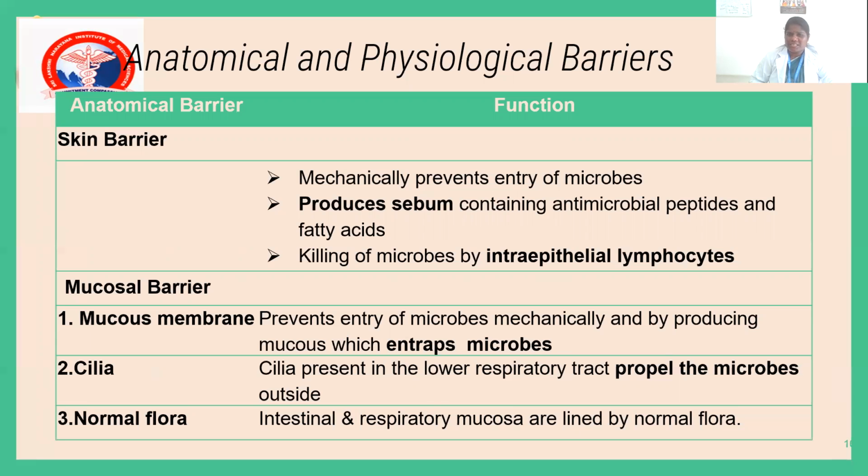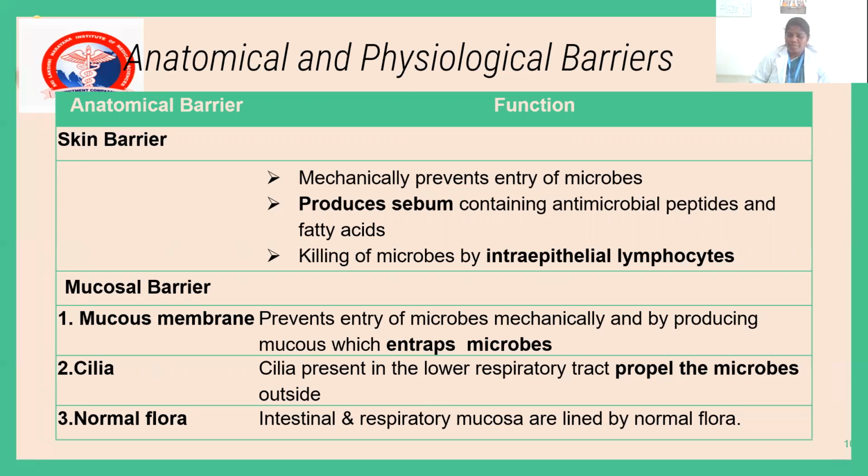Coming to another barrier, the mucous membrane kills bacteria or any microorganism by entrapment of the microbes. Cilia present in the respiratory tract propel the microbes outside, so instead of getting inside, they are propelled out.